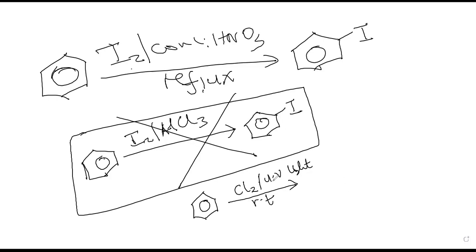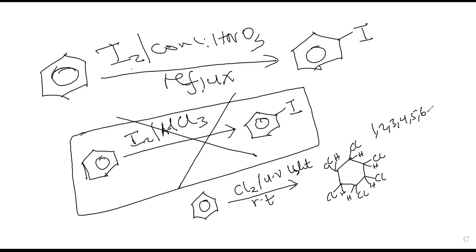So for this case, if you use UV light, you do not get chlorobenzene, but you would rather get a ring with Cl, Cl, of course with H, wherever there is Cl, there is H. So you just have 1, 2, 3, 4, 5, 6. Because there are 6, you will say hexachloro.